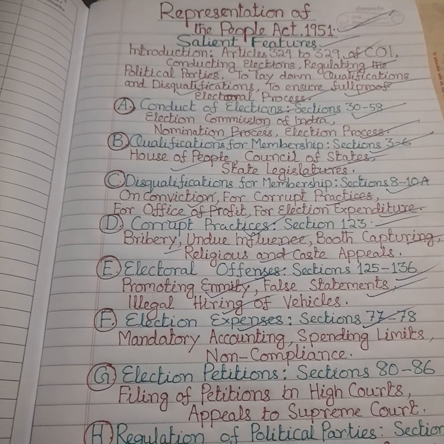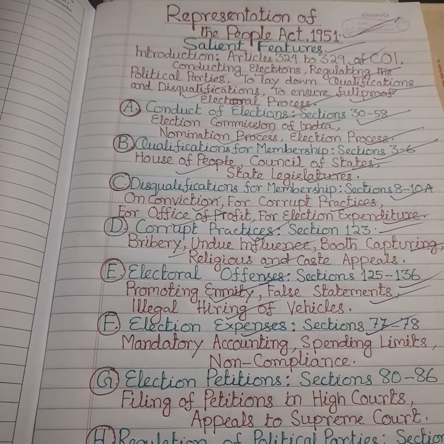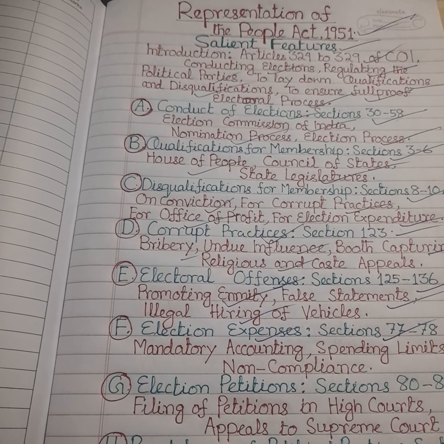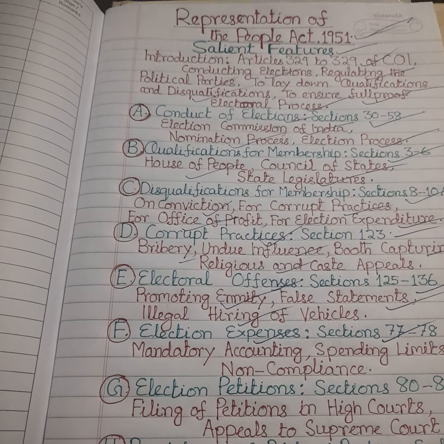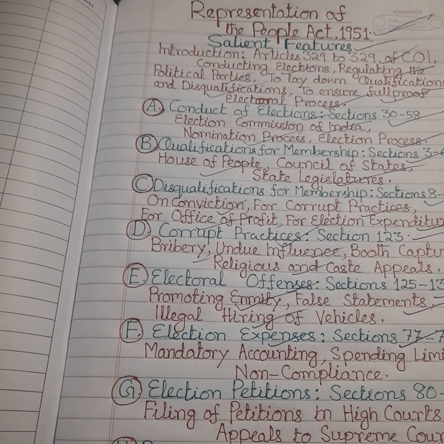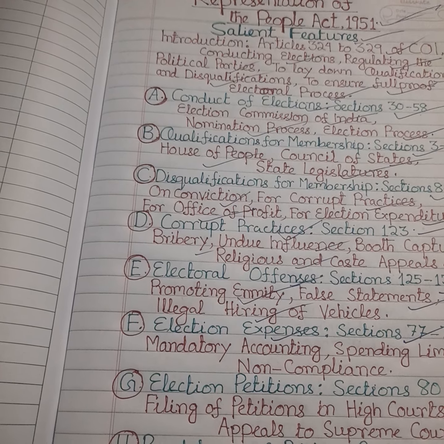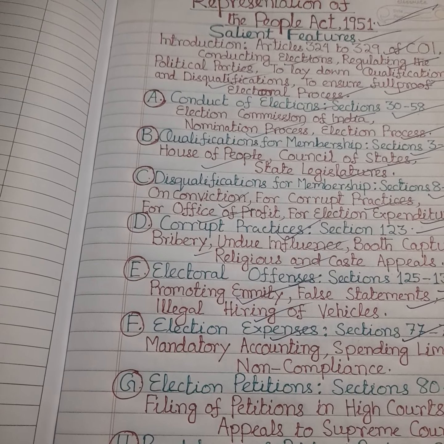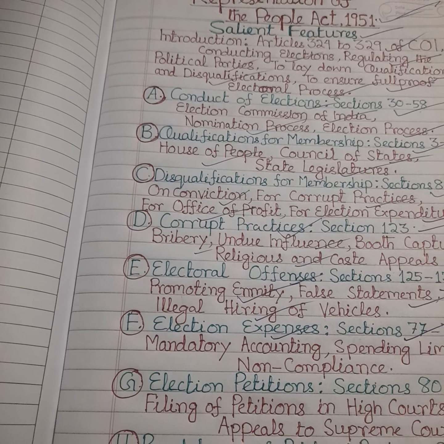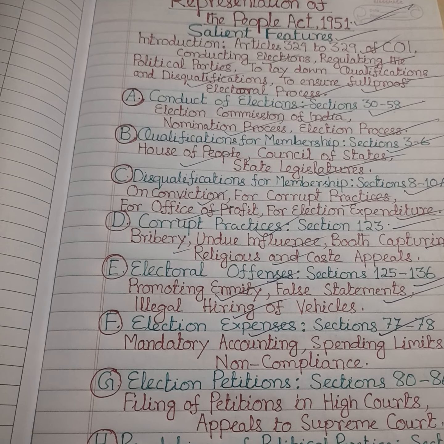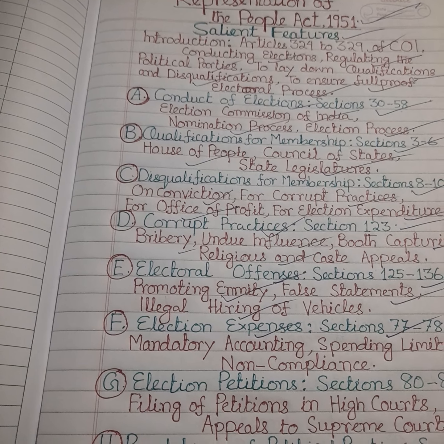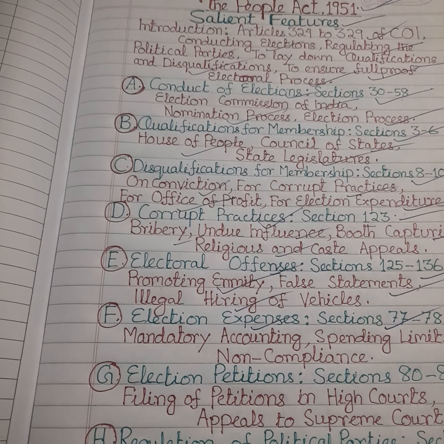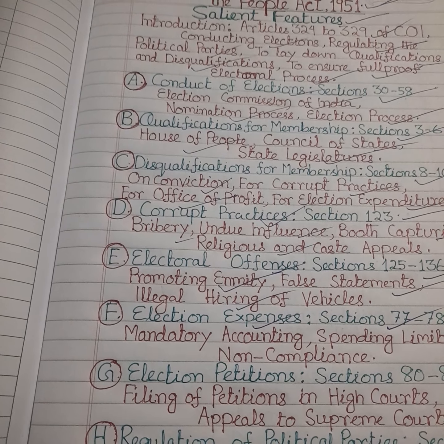As per the provisions of Sections 77 and 78, it is provided under the Act that, as mandatory accounting, a candidate must maintain detailed records of all expenses incurred during the campaign, and the spending limits are fixed by the Election Commission of India, which prescribes expenditure limits varying by state and constituency size.